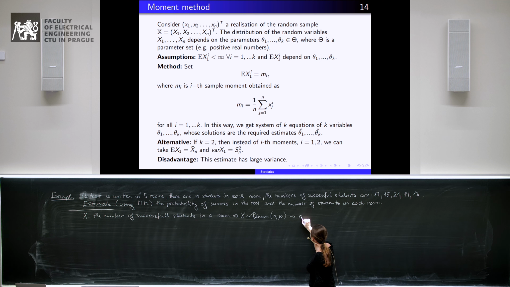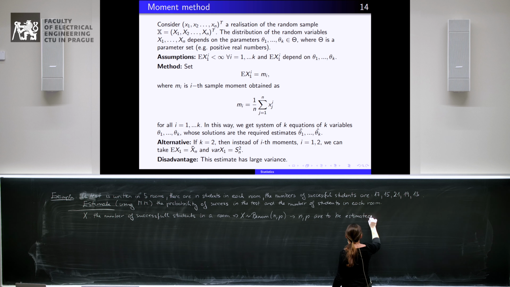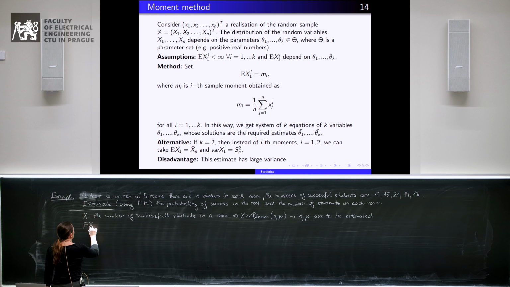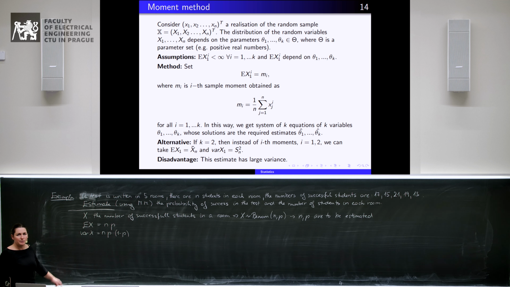And these n and p are to be estimated. We know that the expected value of x is theoretically equal to n times p. The variance of x is equal to n times p times 1 minus p. That's what we know from the binomial distribution.